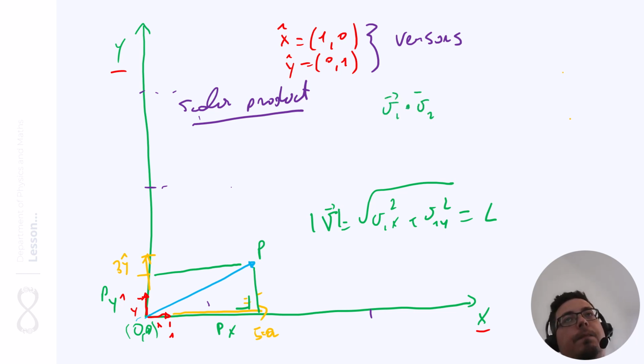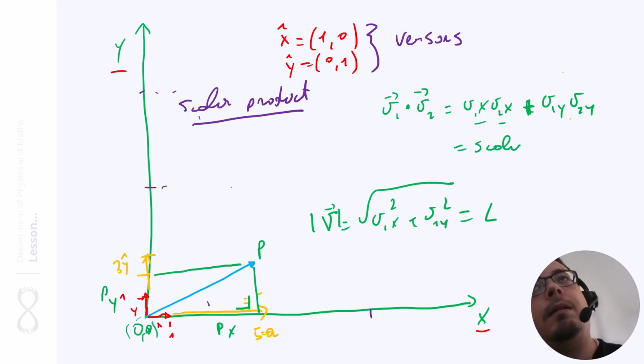The scalar product of v1 and v2 is v1x v2x plus v1y v2y. As you can see, these are the coordinates of v1 and v2, x and y, multiplied and summed together. So it's a number, because the coordinates are numbers, multiplied together it's a number, plus two numbers is another number. So this is a scalar, but those are two vectors. So it's a way to create a scalar number from two vectors, as I will give an example later on.